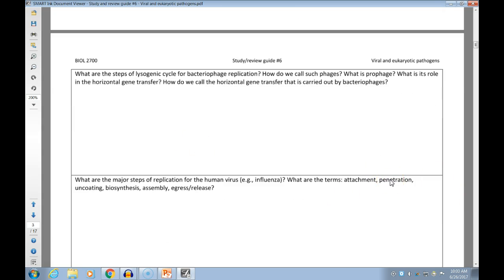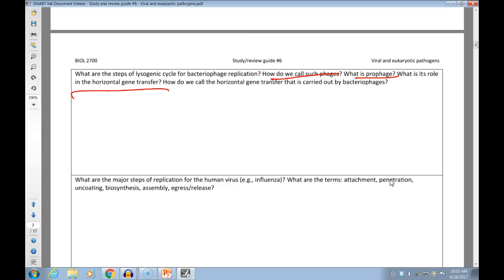Lysogenic, same goes for lysogenic. We call such phage temperate. Prophage, you know what it is. Horizontal gene transfer. Transduction. They do transduction. Right? These guys do specialized transduction. The lysogenic phage do specialized transduction.